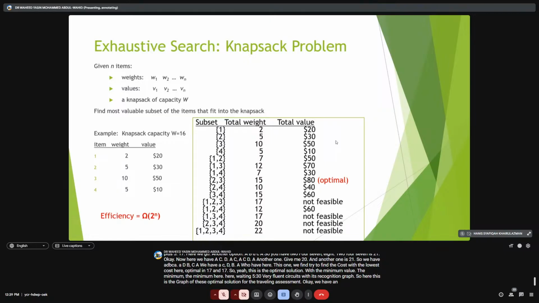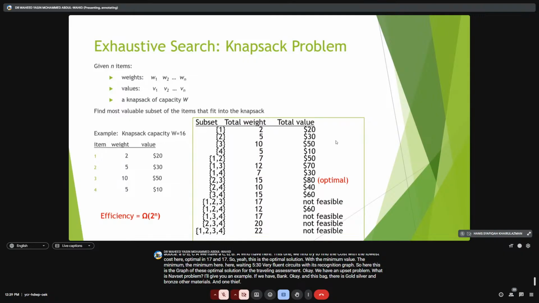Okay, we have the knapsack problem. What is the knapsack problem? I'll give you an example. If we have a bank, and in this bank there is gold, silver, bronze, and other materials.